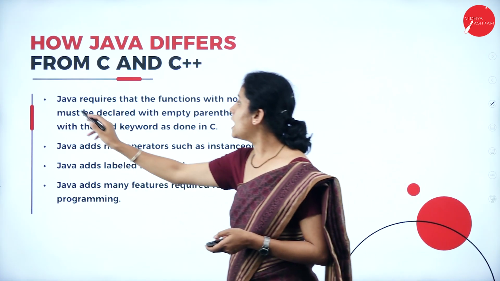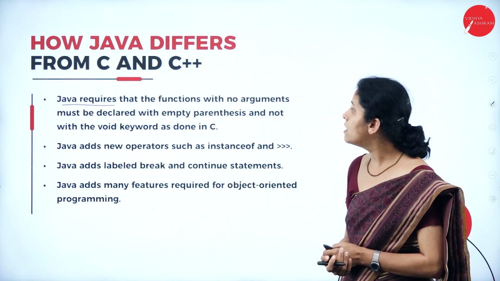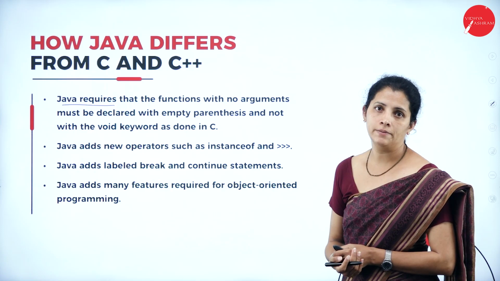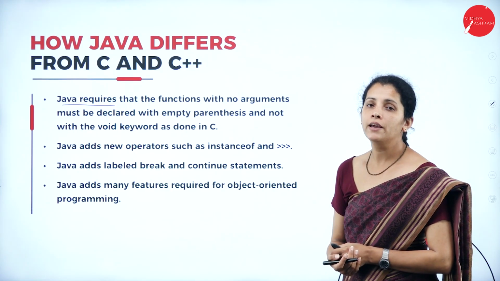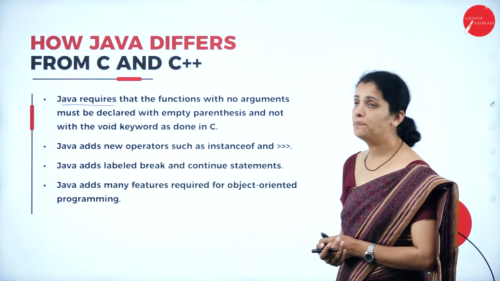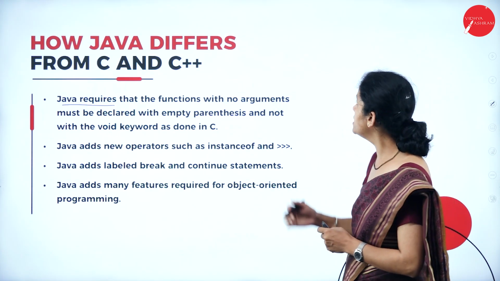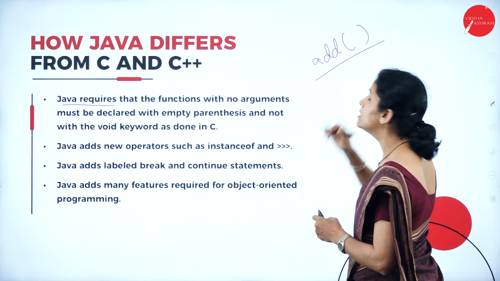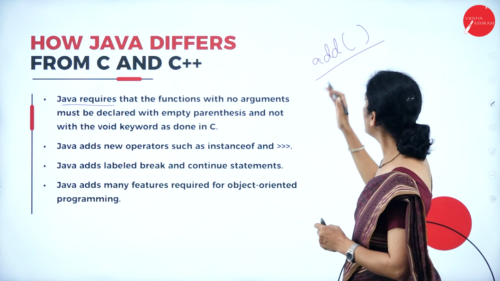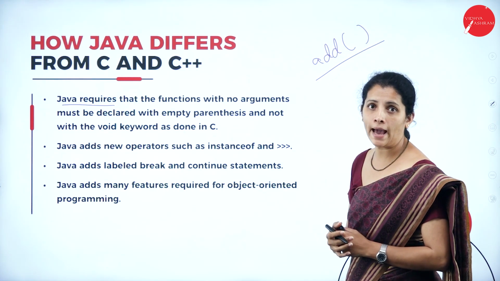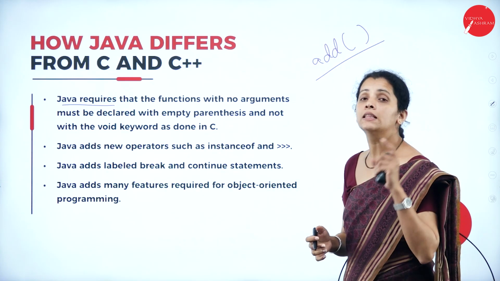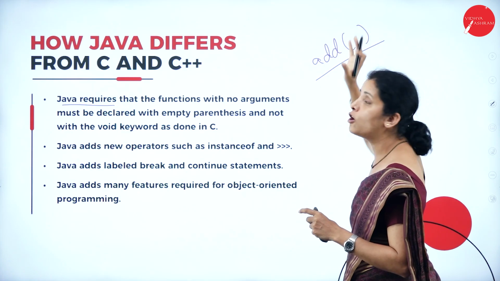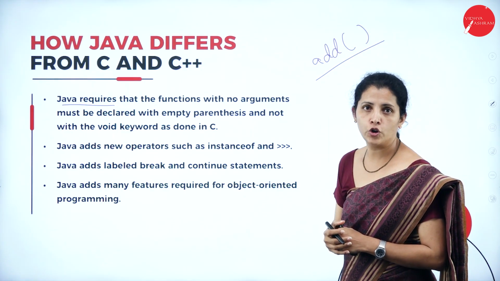Now, Java requires that a function with no arguments must be declared explicitly. So, dear student, in a C program I can use a function directly: if I write an opening and closing parenthesis in C, it indicates that the function does not have any argument.